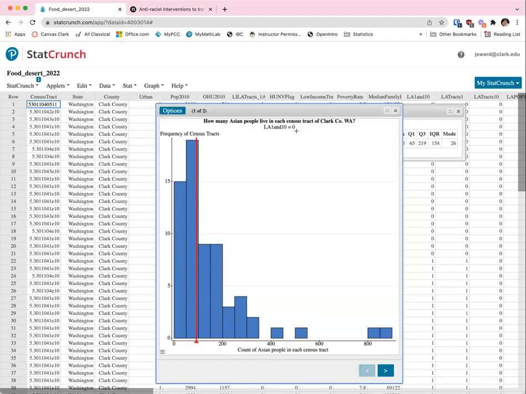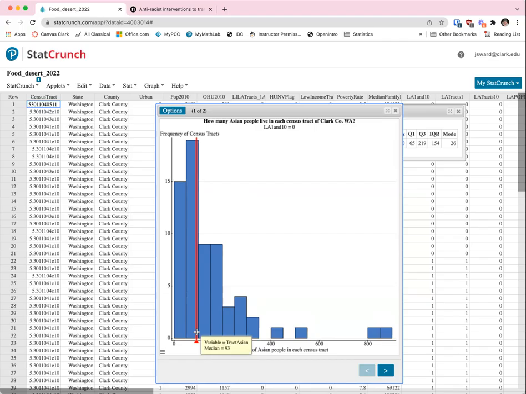So maybe it's only like 10% of the tract people, or maybe only 5%, or heck, 30%. So now, when it's easier to get to the grocery store, the count of Asian people is actually over here, the median is lower. So the median is at 93.